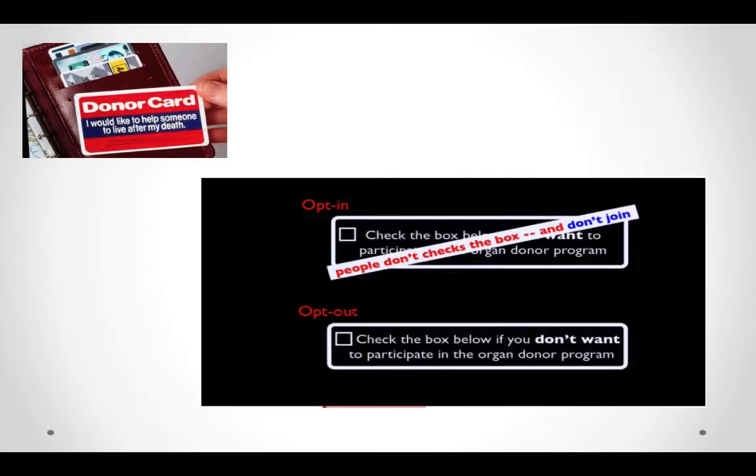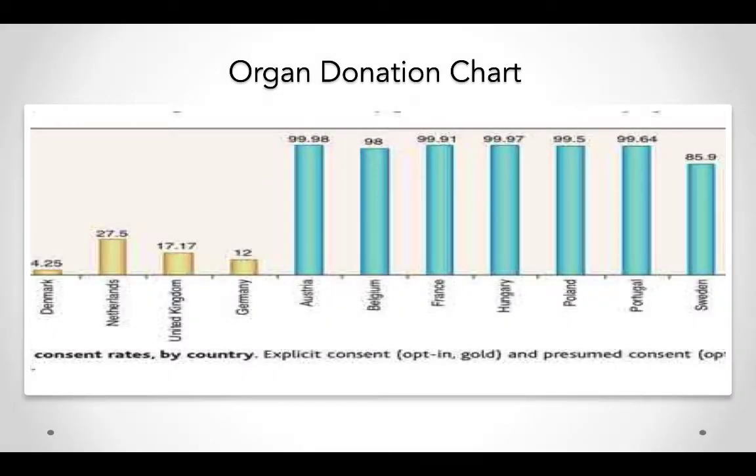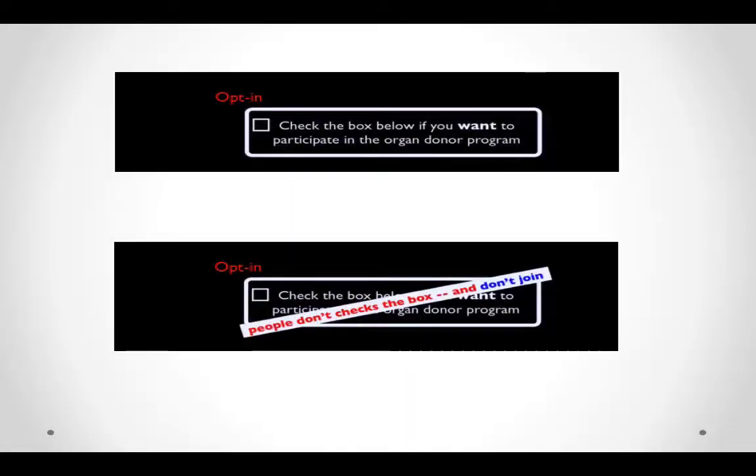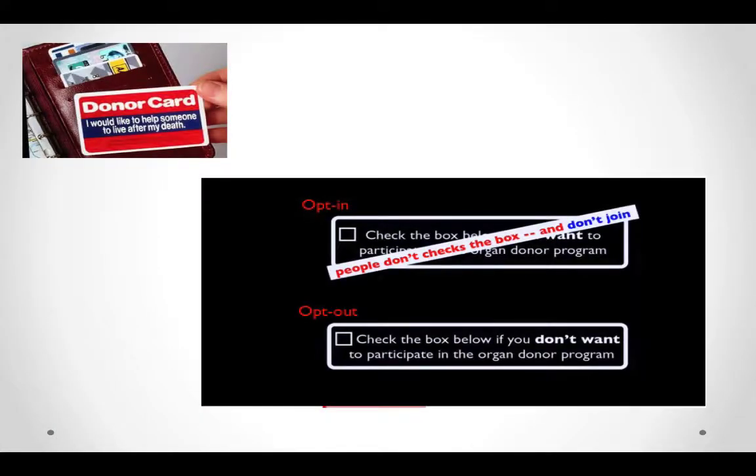So very simple things like checking a box have huge influence over the organ donation program in certain countries. It is a bigger question than this, it's a moral question and so on, but it goes to show you how an easy checkbox influences people. The way I framed the question gave totally different responses.